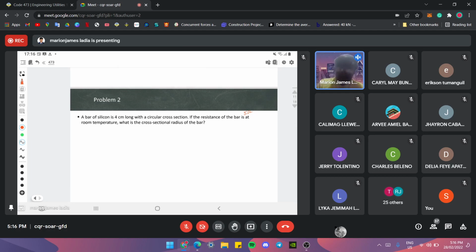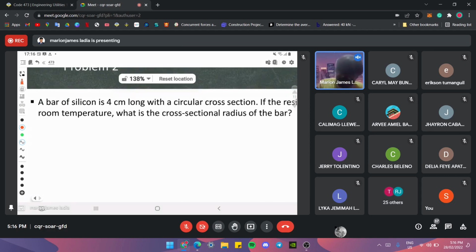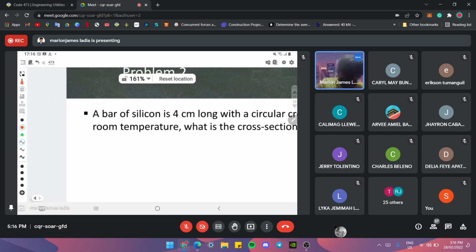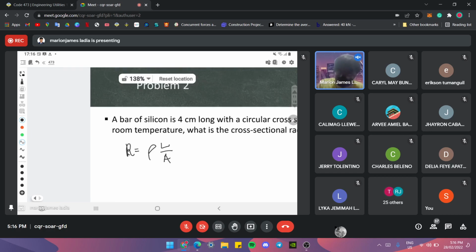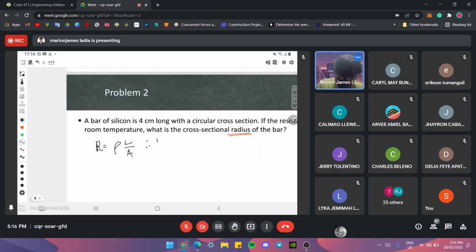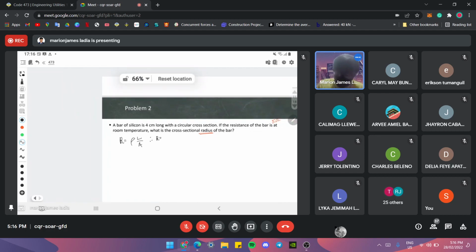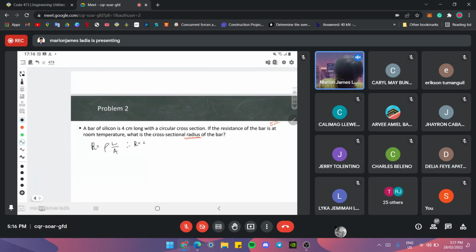Now, the real-life application of this is that we vary the resistance through the length and the cross-sectional radius or cross-sectional area. What we are getting here is the cross-sectional radius. So what is our formula? We have R equals rho L over area. Our R is equal to 5 ohms, which I initiated.